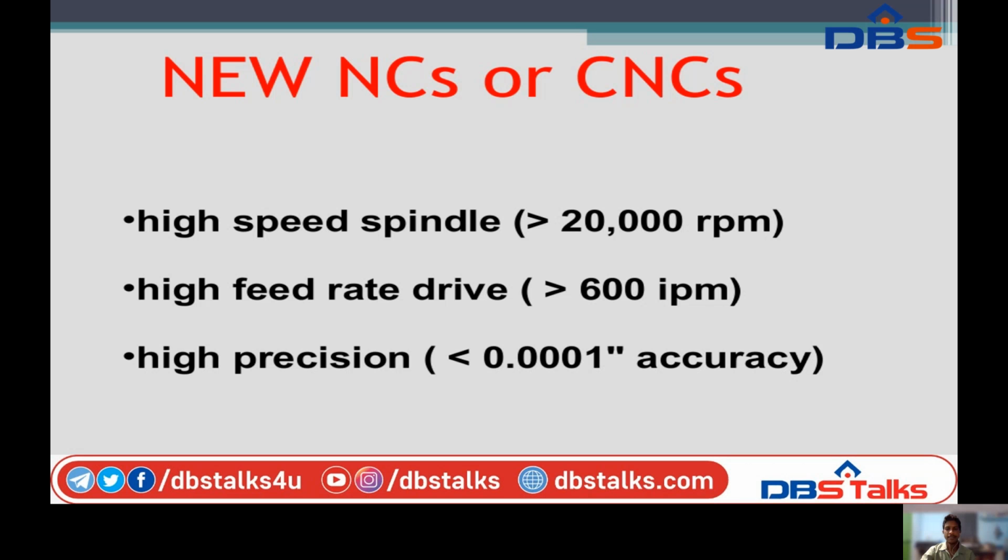In high feed rate drive, the IPM, inches per minute, will be greater than 600. High precision will be less than 0.001 accuracy. Those are the new numerical control machines or CNCs, computer numerical control.